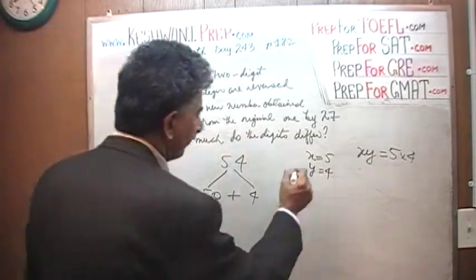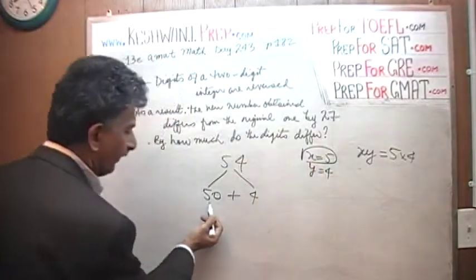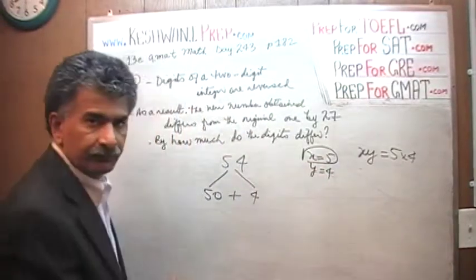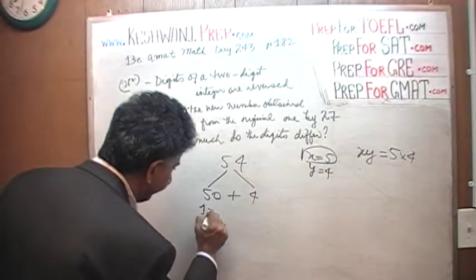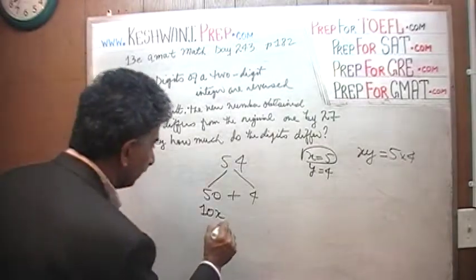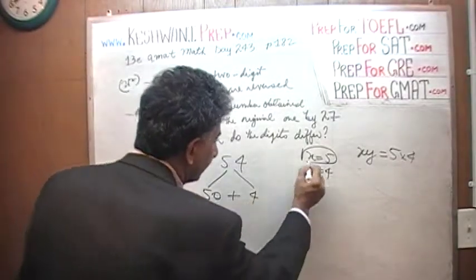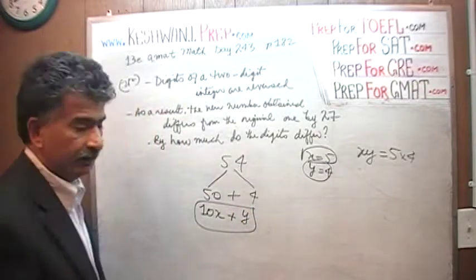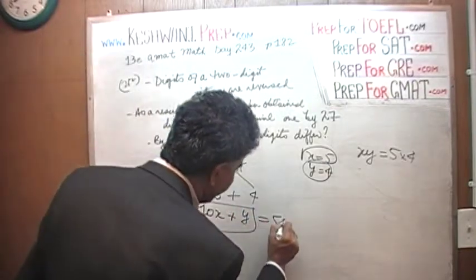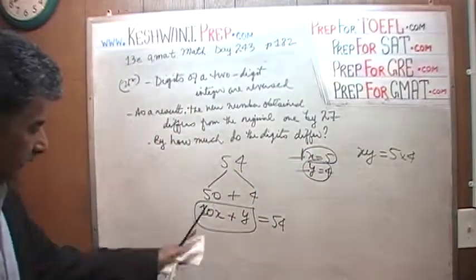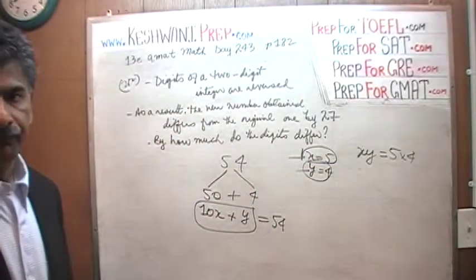Now here our x is 5. How do you express 50 using this x? Well, that's 10 times x. 10 times 5 is 50. Plus 4, which is our y. Voila. This, in the language of algebra, is 54, if x equals 5 and y equals 4.